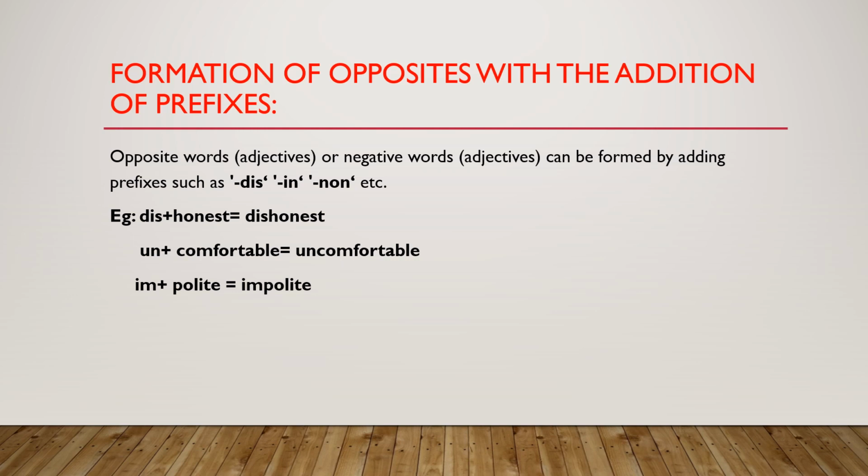Opposite words or negative words can be formed by adding prefixes such as dis, in, non, etc. Example, dis is a prefix which is used with the adjective honest and makes its opposite dishonest. In the same manner, the prefix un joined with the adjective comfortable makes its opposite uncomfortable. The prefix im plus polite makes impolite.